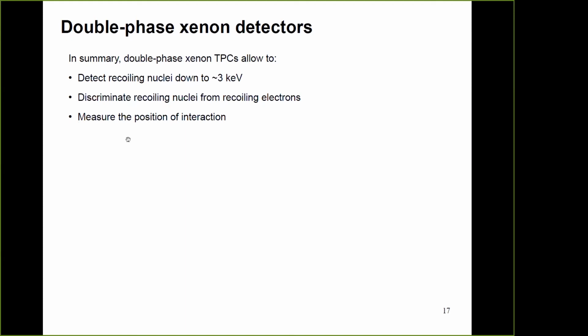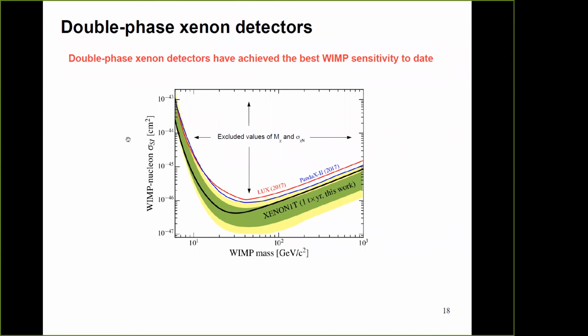With these devices, we have obtained the best WIMP sensitivities to date. These are the results so far, and these are the best among the direct WIMP searches. This is the same as I showed before. On the x-axis is the WIMP mass, on the y-axis is the coupling to ordinary matter, and what is excluded is what is above this.